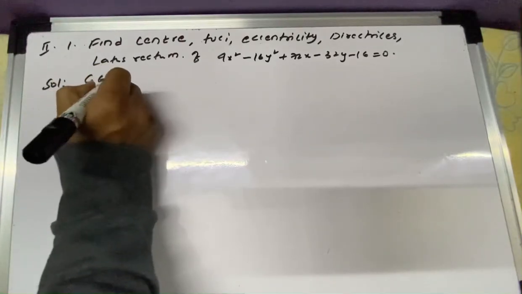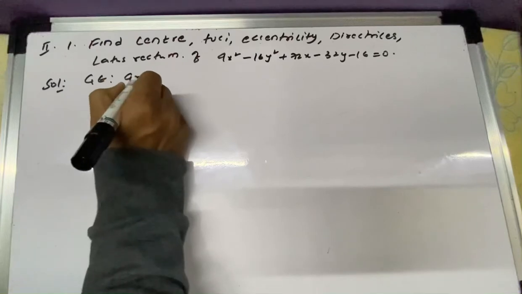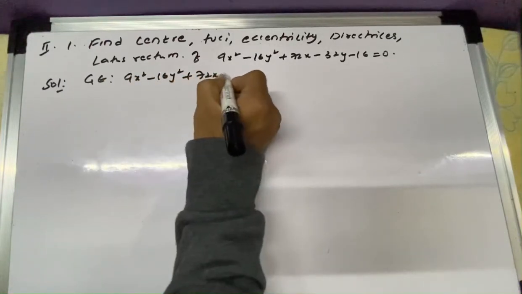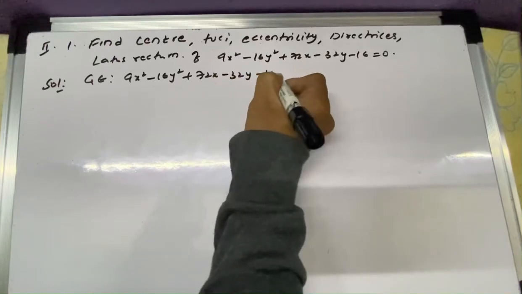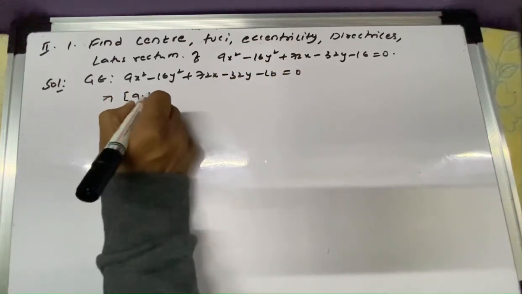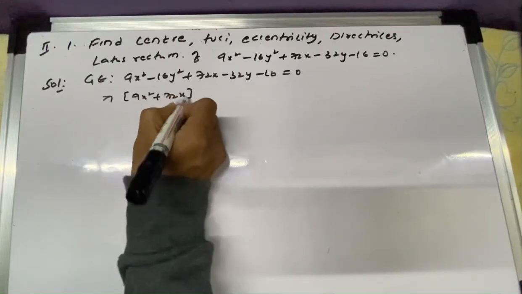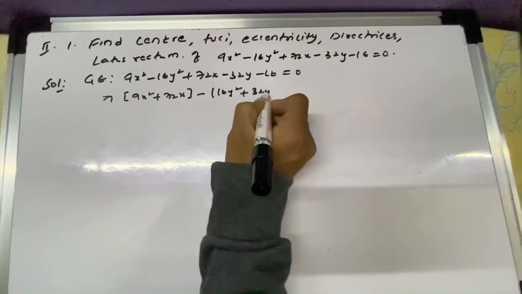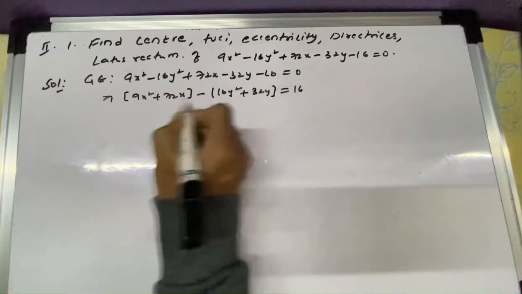Give an equation. X square terms in one bracket, x terms in one bracket we can say, then minus common y terms, then constant on right side.